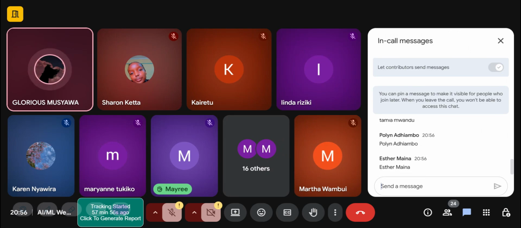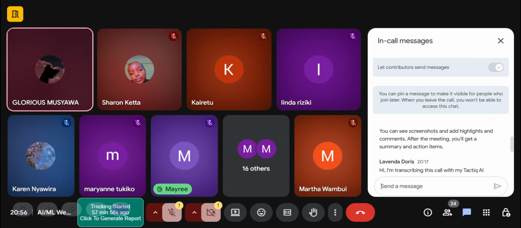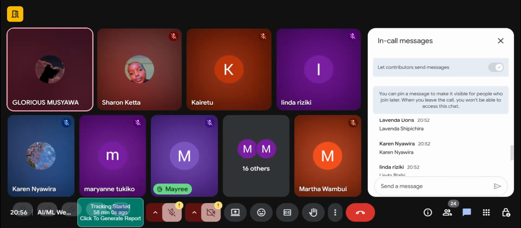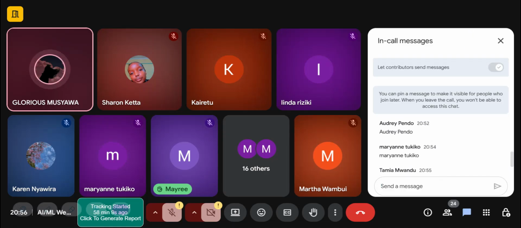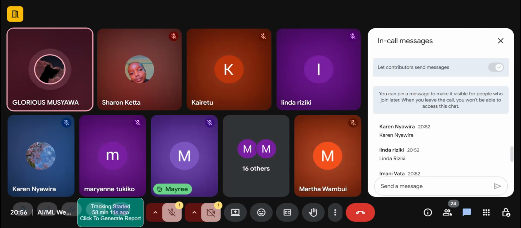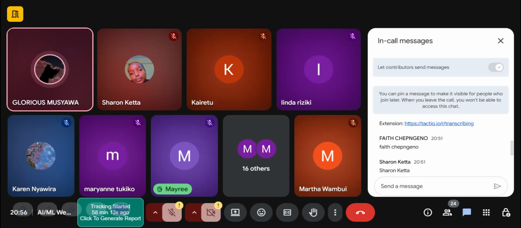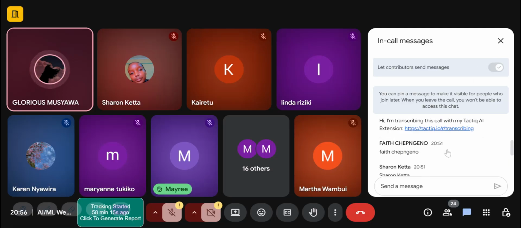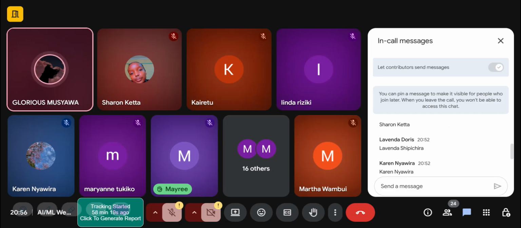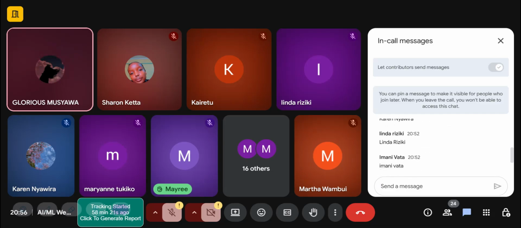So I think we'll have three groups, so that each group will have about four people. That is more reasonable. The first group, as I had said, is Faith, Sharon, Lavender, and Audrey. The second group is Karen, Linda, Imani.